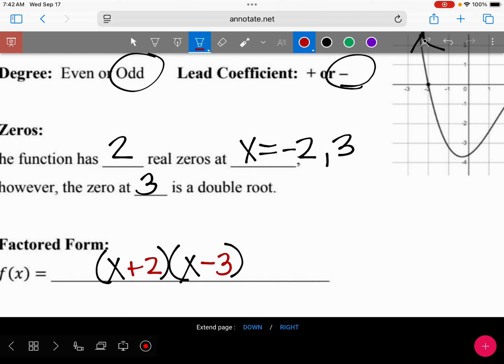But because this one is a double root, this factor needs an exponent on it. That's what double means. The last thing we're going to do is put our leading coefficient. We said it was negative, so we're going to put a -1 in the front.